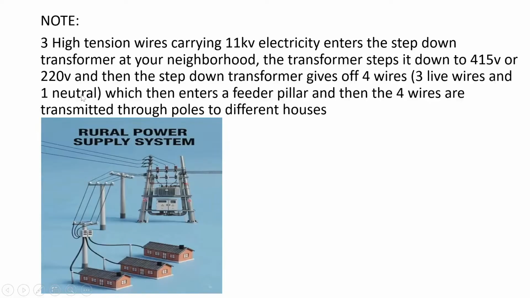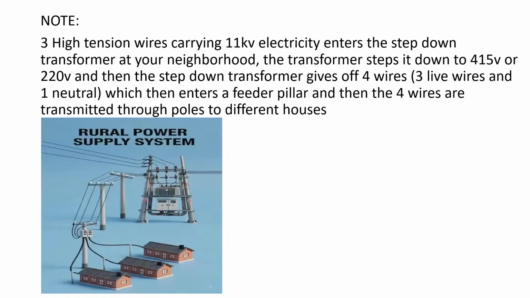So anytime you are walking around and you come across this transformer, I want you to be observant. Check the wires entering inside the transformer. They are going to be 3 in number. Those 3 wires mean that the electricity entering into that transformer is electricity in what? Kilovolts.